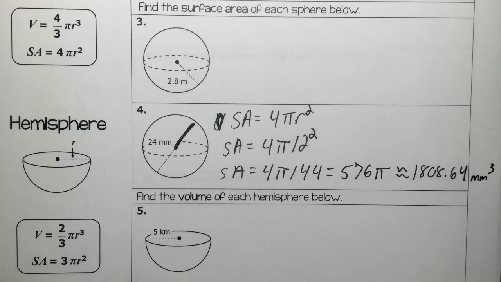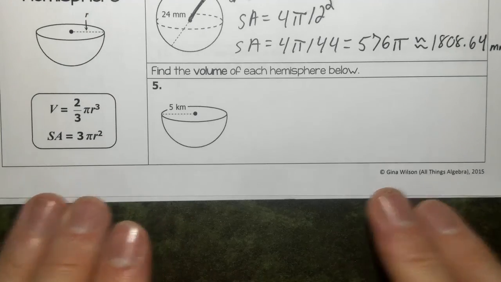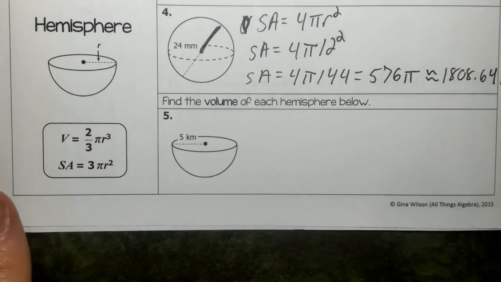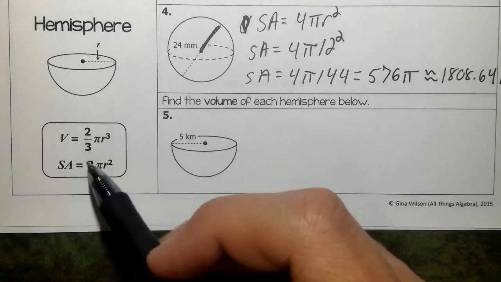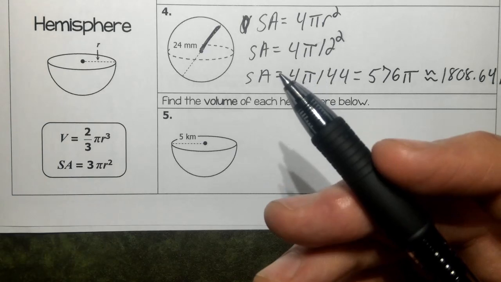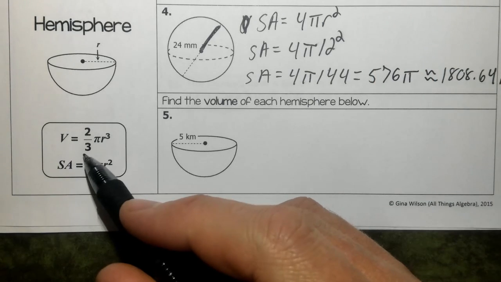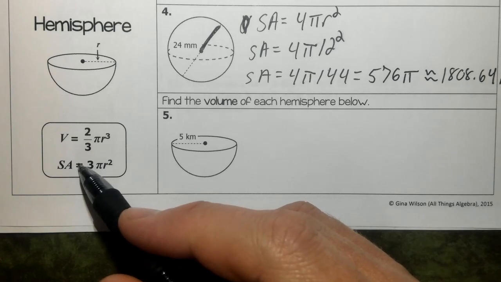Okay. So far, so good. So now, volume of a hemisphere. So we have different formulas for hemispheres. The volume formula, 2/3. So instead of 4/3 pi r cubed, we have 2/3 pi r cubed, which is exactly half, which makes sense.